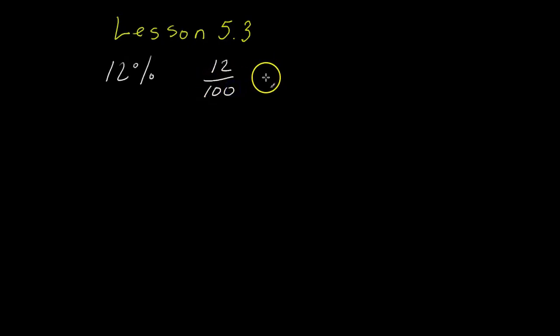And if we wanted to write that as a decimal, we look at the top number, 12. We know that 12 will always have a decimal after it, like that. And that when we divide, we are going to move the decimal 2 places to the left to make the number smaller by the number of zeros that we have in the percentage.